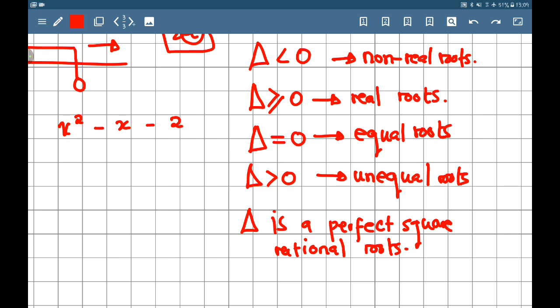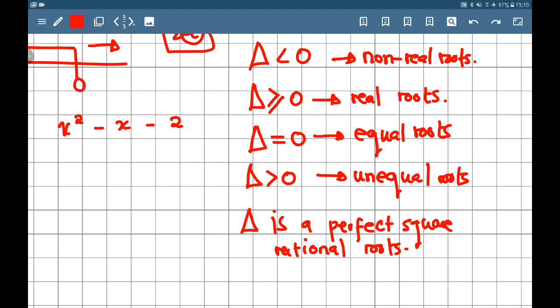There are 3 things that you are going to identify. Number 1, either the roots are real or non-real. Either they are equal or unequal, and either they are rational or irrational. Are we clear? So when they say identify the roots, you give me 3 ways, and you give me the conditions and why you are saying these roots are real and why you are saying these roots are non-real. Are we following?